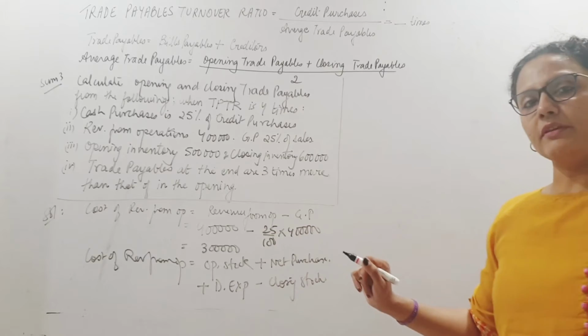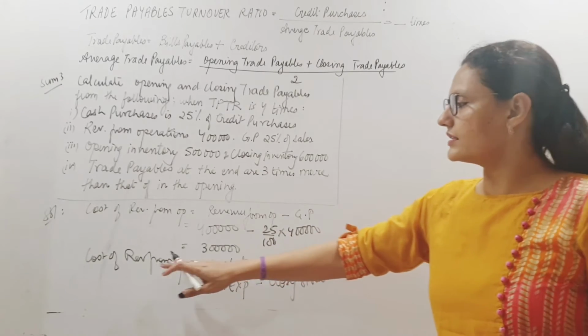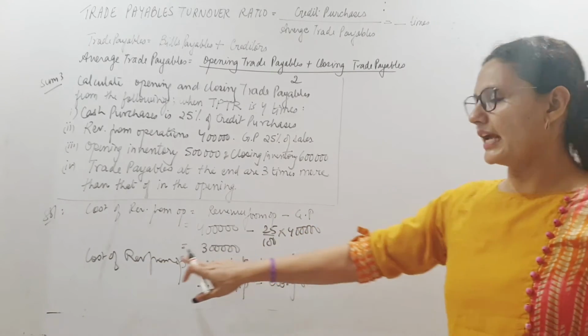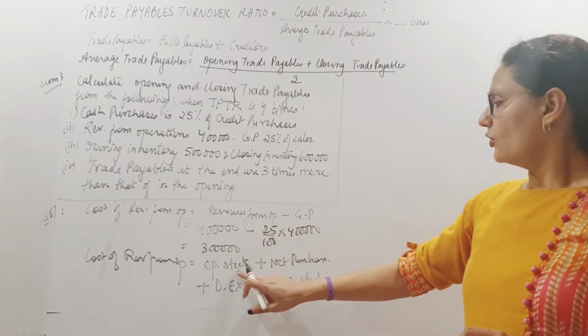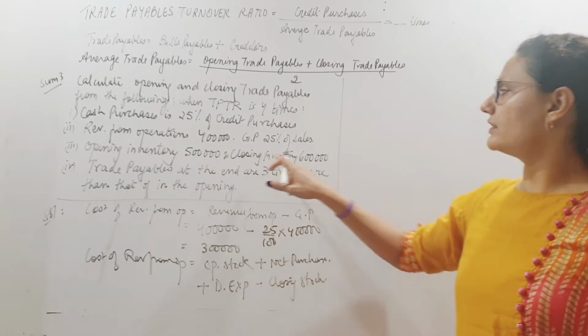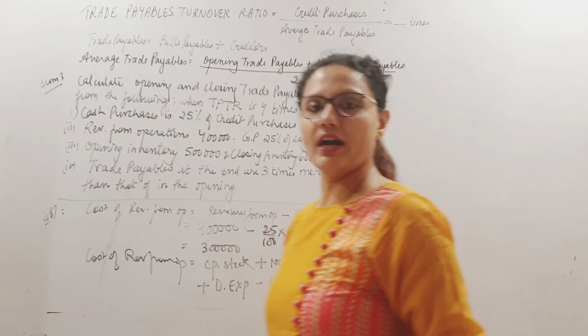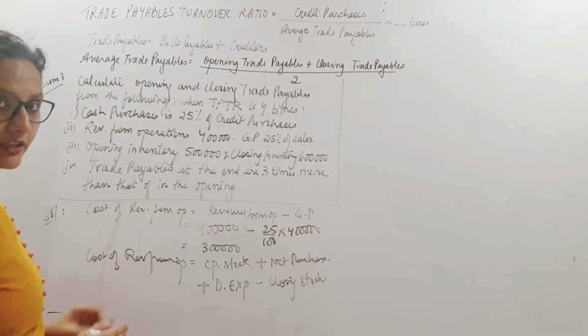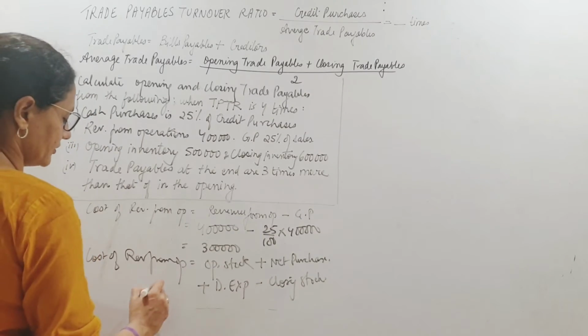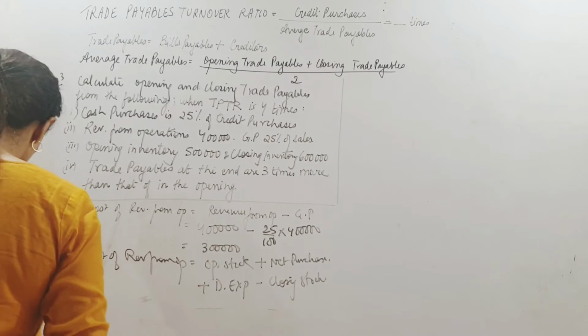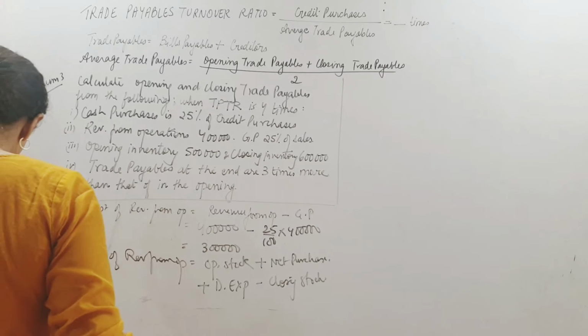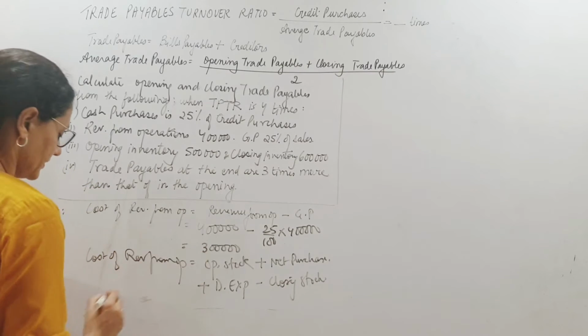Net purchases I will be finding out, and because I know this now, which is 3 lakhs, cost of revenue from operation, opening inventory and closing inventory are given to me. So I get purchase. At least koi ek figure toh aaya, trade receivables, trade payables turnover ratio. Therefore, I get purchases.